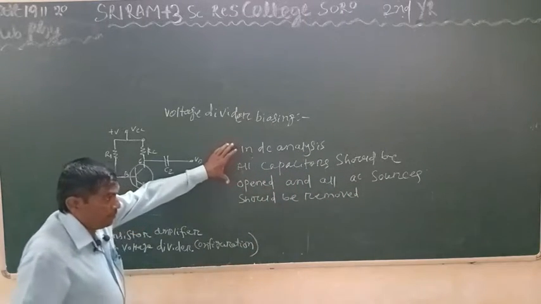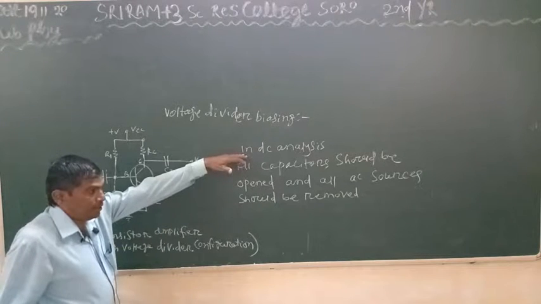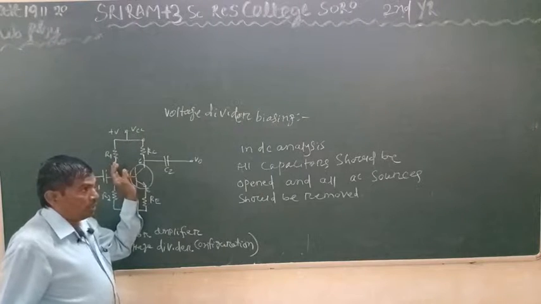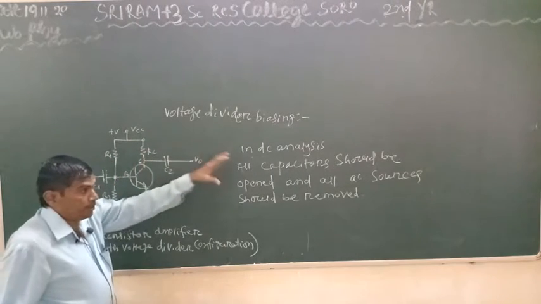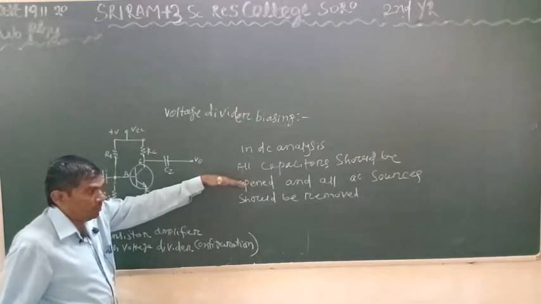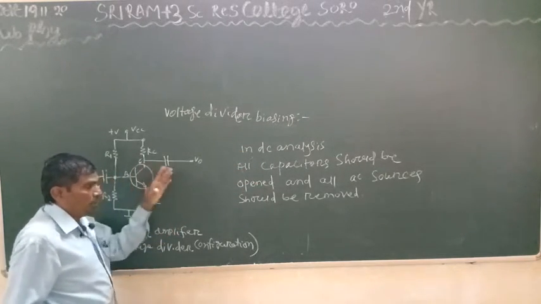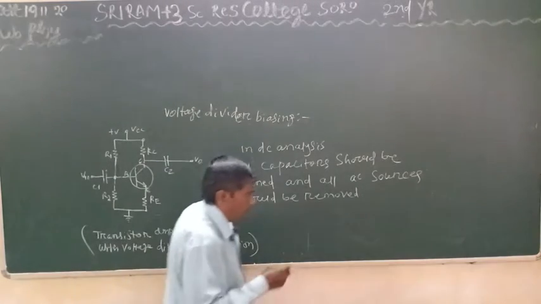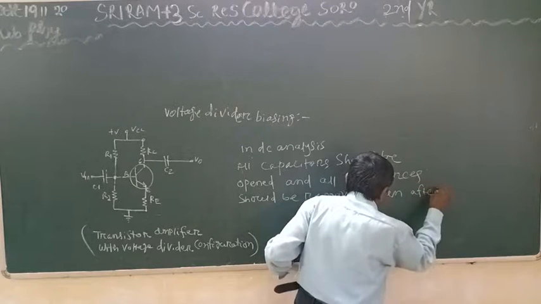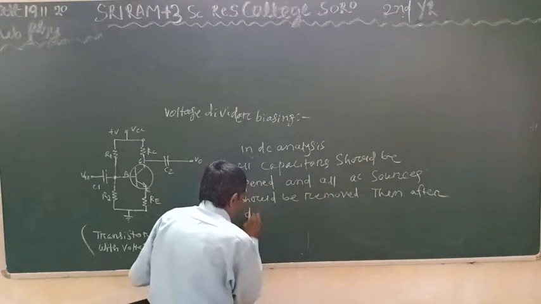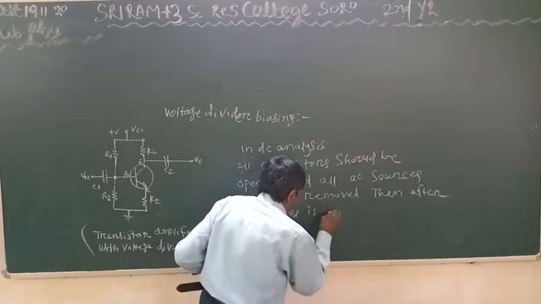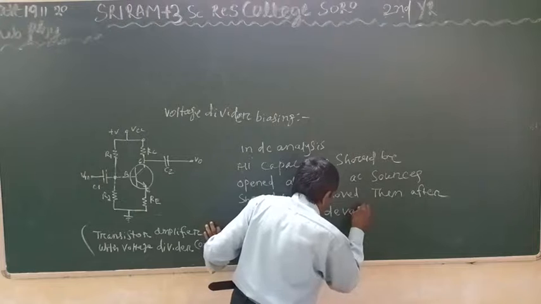Here this is the amplifier circuit, but when we go to DC analysis, all capacitors should be opened and all AC sources should be removed. Then the DC model is developed.